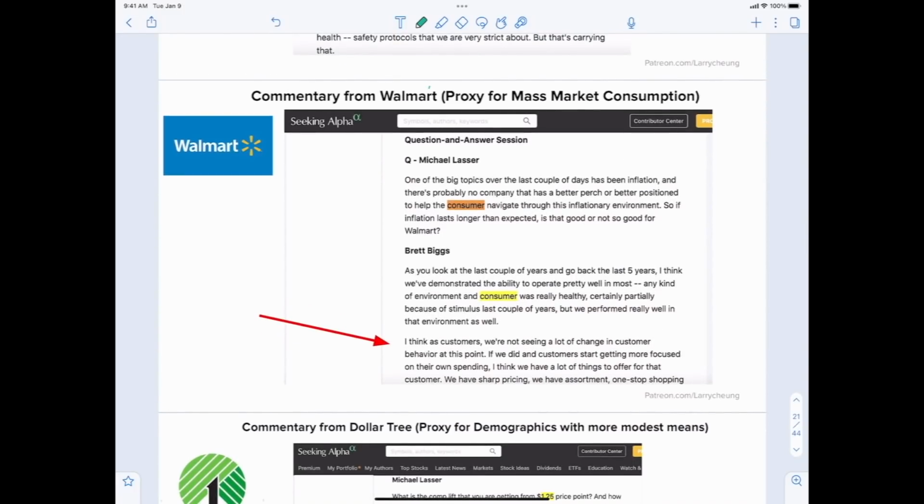Now, let's take a look at Walmart, a proxy for mass market consumption. And Walmart's management team discusses that the consumer continues to be healthy. There's not a lot of change in consumer behavior at this point, and that's good news because that means, once again, the outlook continues to be stable.